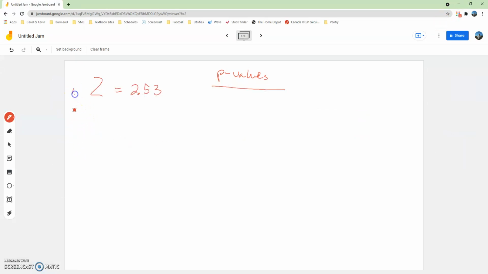So this would be like step 1, step 2, area 0.4943. Step 3, the answer is the p-value equals 0.5, always 0.5, minus, and it's always minus, 0.4943, which equals that value.